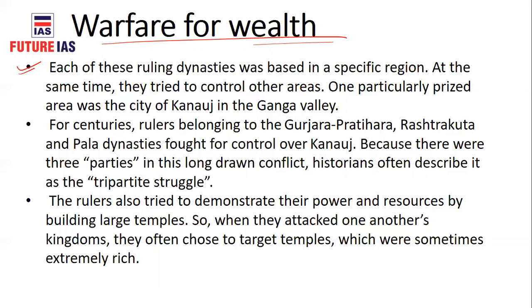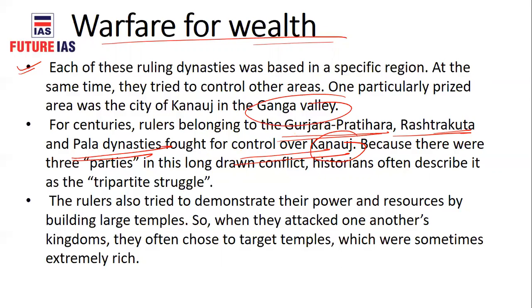For centuries, the rulers belonging to the Gurjara Pratihara, the Rashtrakuta, and the Pala dynasties fought for control over Kannauj. This Kannauj, which was lying in the Ganga Valley, was a prized land fought over by different rulers. There were three parties: the first was Gurjara Pratihara, the second was Rashtrakuta, and the third was the Pala dynasty.